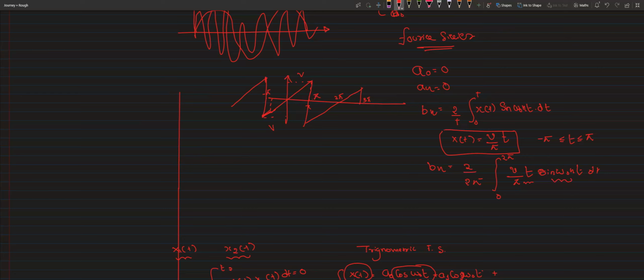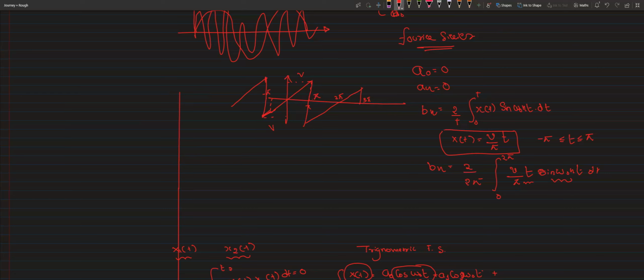So do we get 2 sine omega naught t delta t? Let me just check the simplified expression. After applying the limits, we get v by pi into the limits 2 pi and 0.